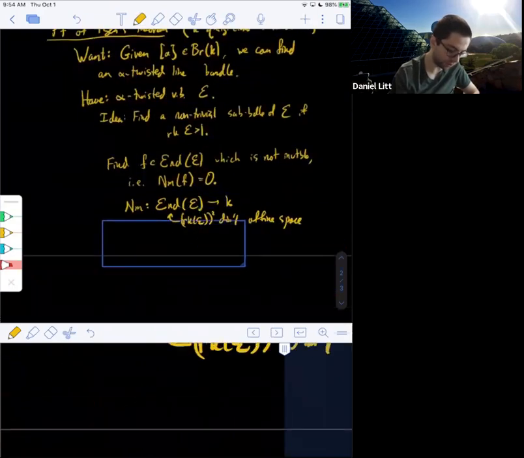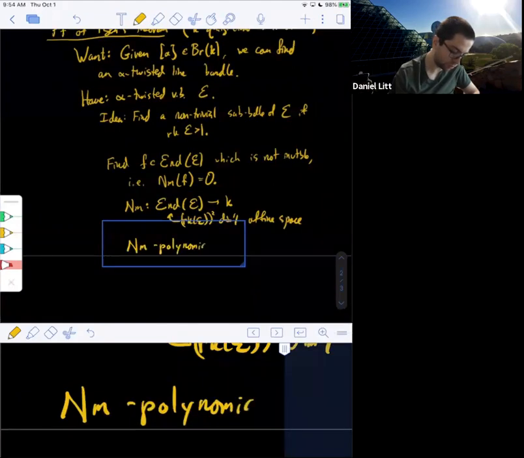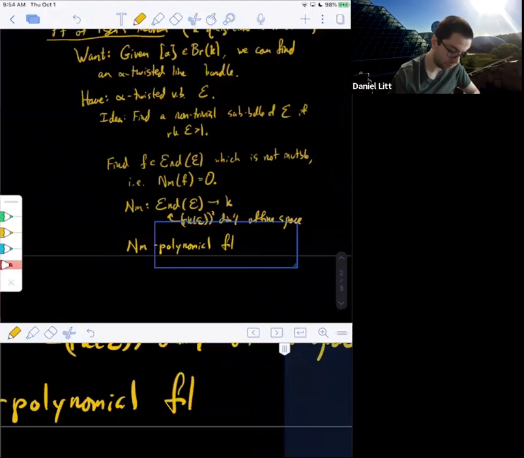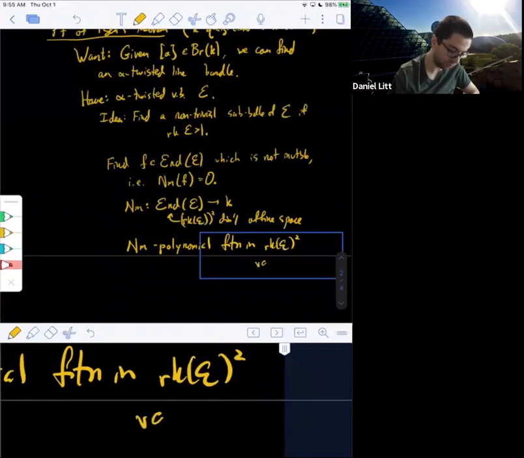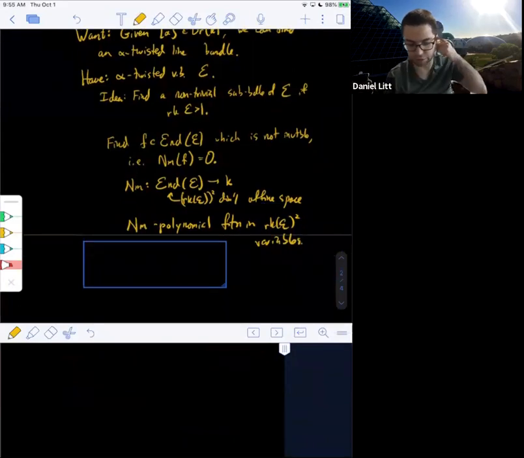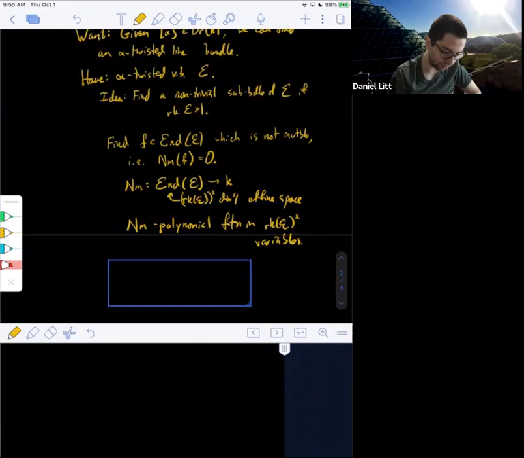So in other words, that means that norm is a polynomial function in rank of E squared variables. Okay, to actually check this rigorously, what you would do is extend K so that ND splits, and then norm just becomes the determinant. So the same argument tells us the degree of our norm function.